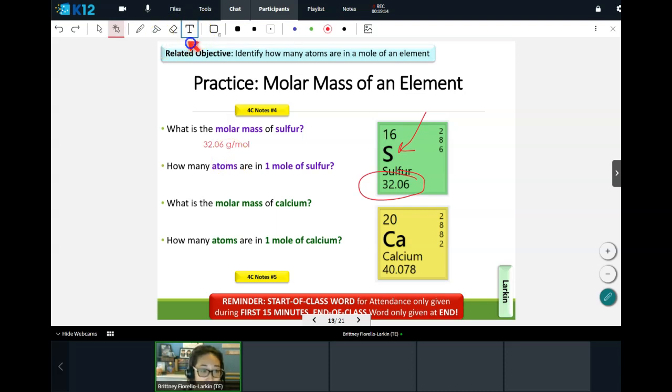Again, this is going to be our magic number. This is our Avogadro's number. Our magic number today is 6.02 times 10 to the 23rd, and in this case it's atoms. Could be dogs, could be cats, could be donuts. In this case it's atoms. Everybody, I want you to practice writing that number in the chat box. Again, 6.02 times 10 with a little caret means exponent 23.